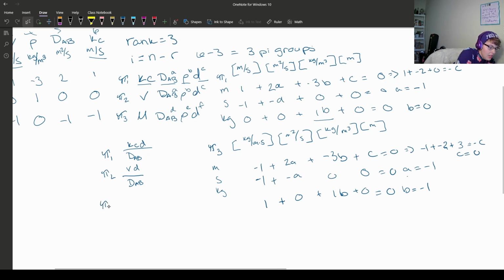So then we can go ahead and write out our third dimensionless group. We'll include viscosity first. I guess these would have been D, E, and F.